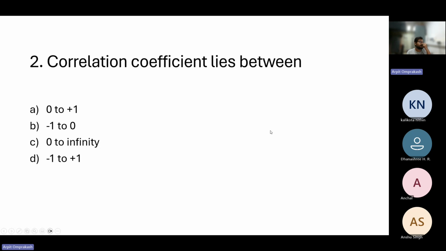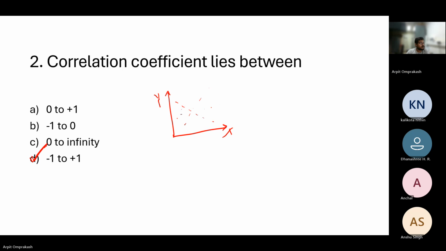So the next question is, correlation coefficient lies between A 0 to +1, B -1 to 0, C 0 to infinity, and D -1 to +1. So the answer here is -1 to +1 because the correlation coefficient for any two variables, let's say x and y, can either be negative, positive, or there can be no correlation.